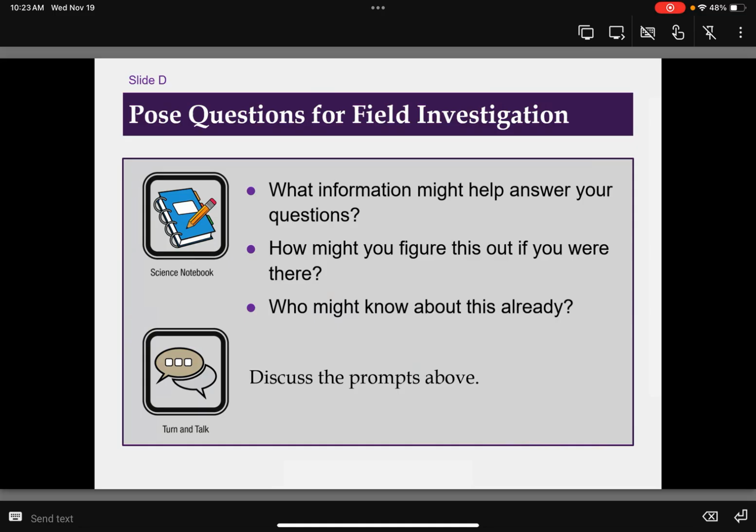What else? How might we figure out this information? Is there anything else we can do? Books. Well, that's kind of research. Ask the experts. Which kind of, yes, that goes along with research. But if you're directly having a conversation with somebody. Okay. And who might know about this already?